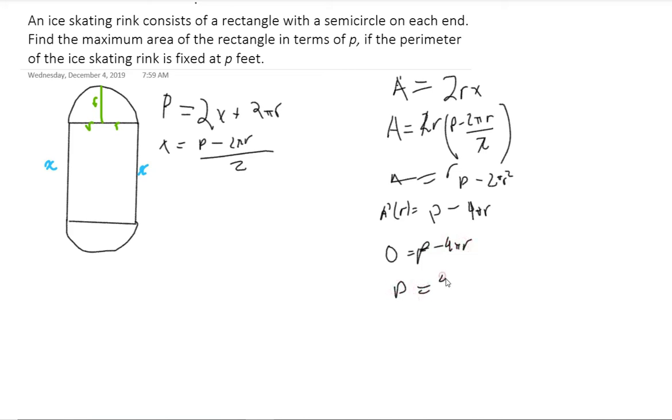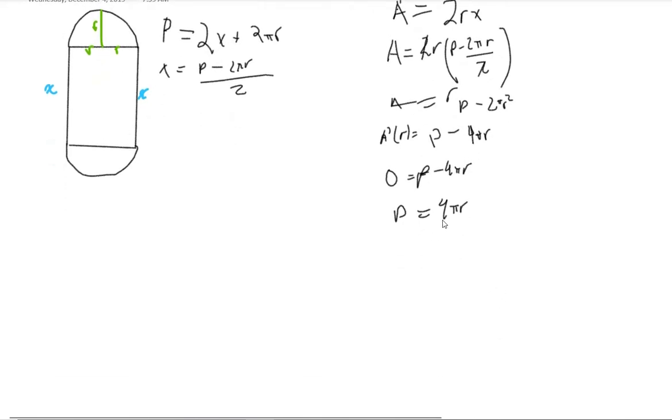Add 4 pi r over, and p is equal to 4 pi r. And then we'll divide by 4 pi. We don't care what p is. We already know what p is. It's given. Then r is equal to p over 4 pi.